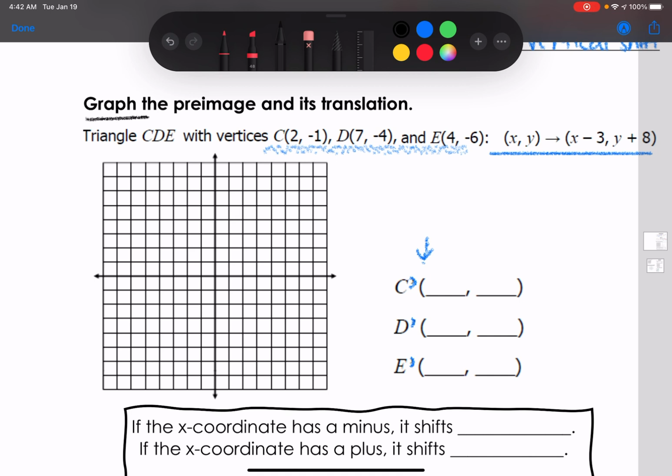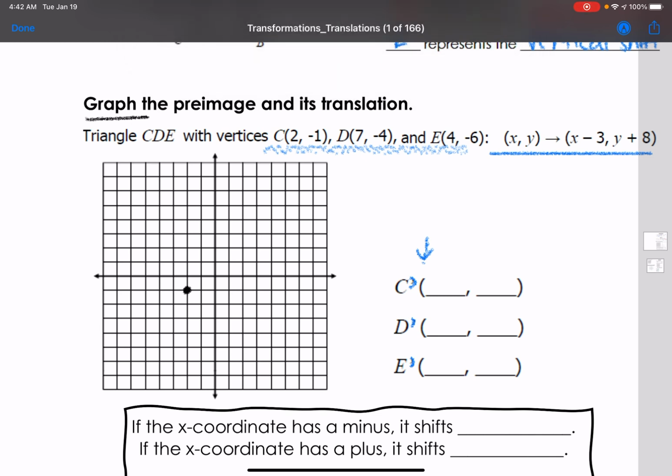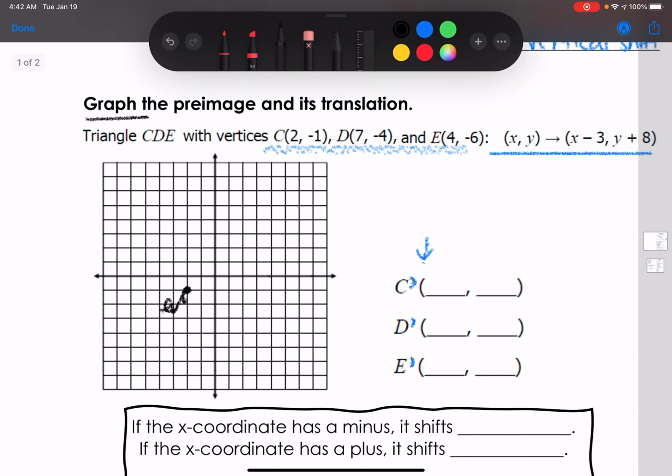So we're going to go to C, which is at (2, -1). D is at (7, -4). Let me move C to (2, -1) and not (-2, -1).